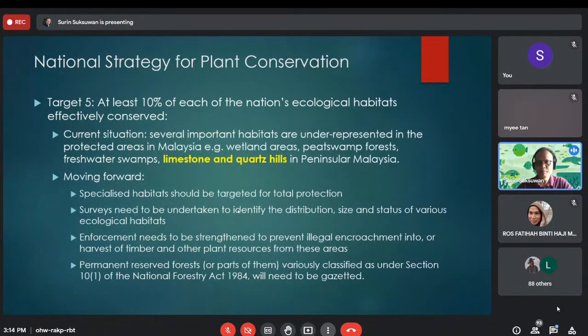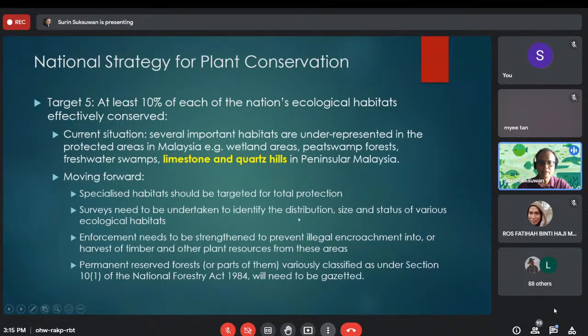And then we have the National Strategy for Plant Conservation, and Target 5 of the National Strategy for Plant Conservation talks about having at least 10% of the country's ecological habitats effectively conserved. So it's kind of similar to the National Biodiversity Policy and also the National Physical Plan. And again, it mentions limestone and quartz hills as important habitats.